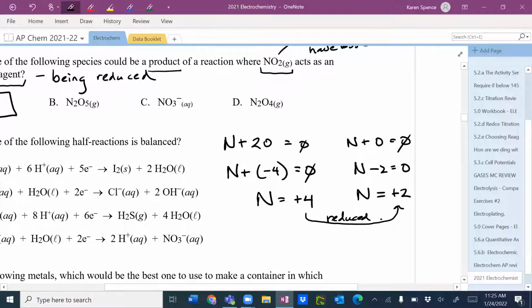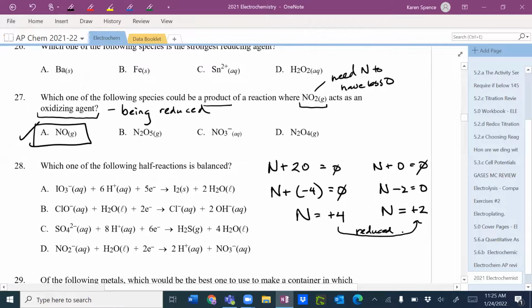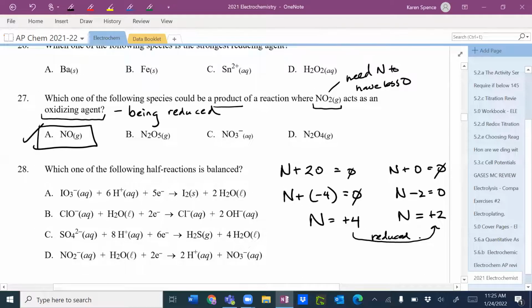Okay, and you could do the same thing for all of the others, but if you know that, like in this case, you've got 2.5 oxygen to every 1 nitrogen. Here you have 3 oxygen to every nitrogen.